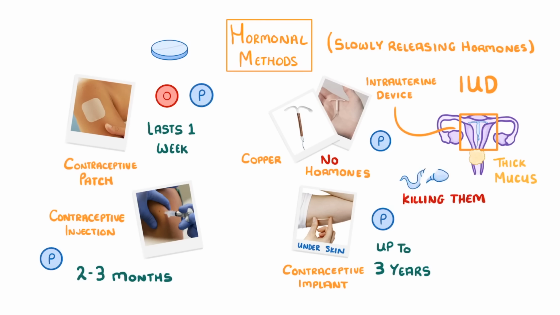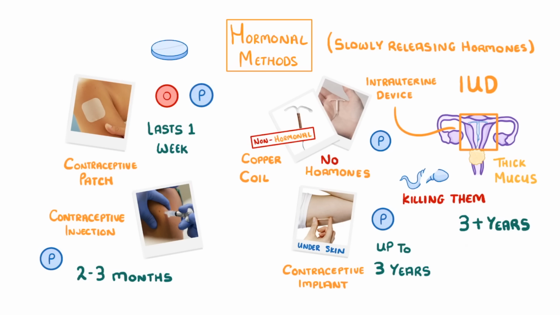It just prevents sperm from surviving in the uterus by killing them. So even though we've included it on this page of hormonal contraceptives, do remember that the copper IUD, which is sometimes called the copper coil, isn't a hormonal contraceptive. And whether you look at a plastic or the copper IUD, both of these can last over 3 years.